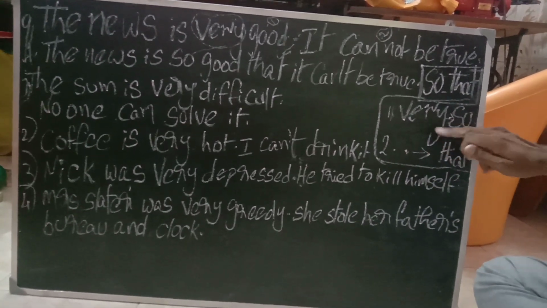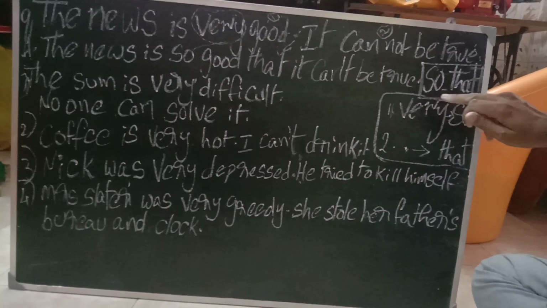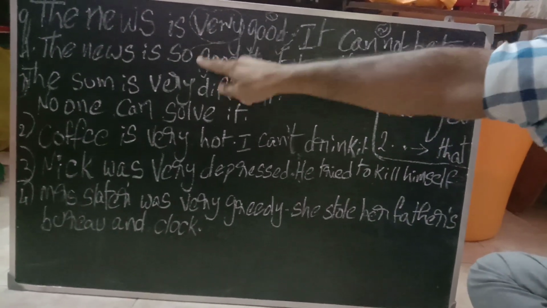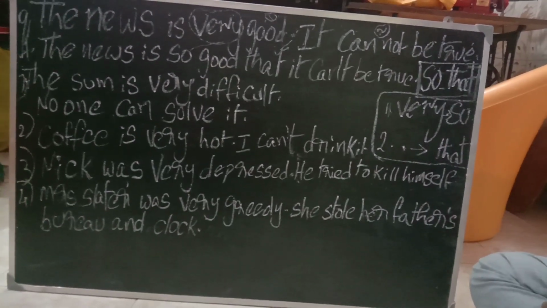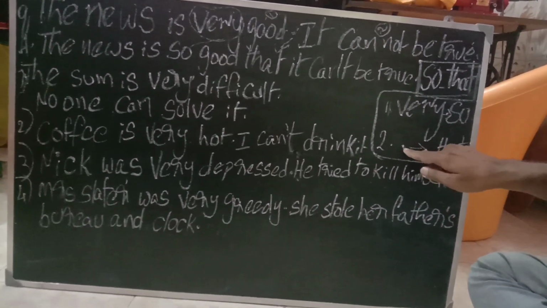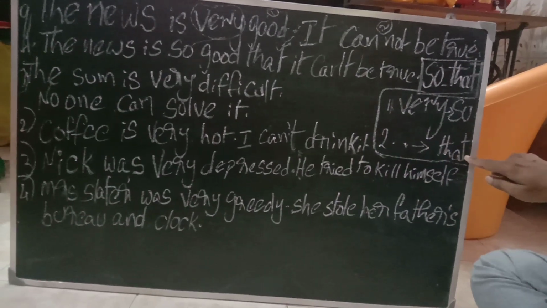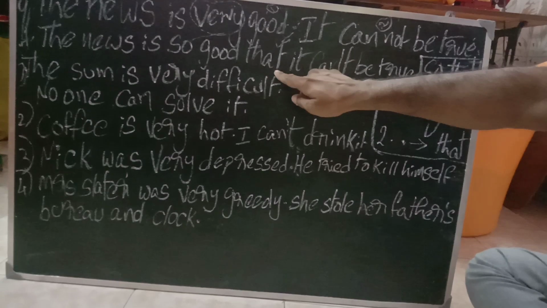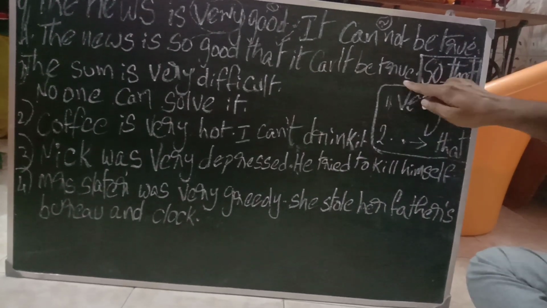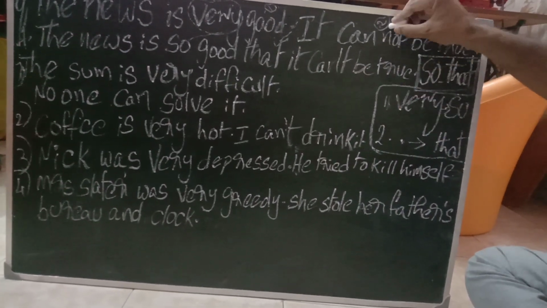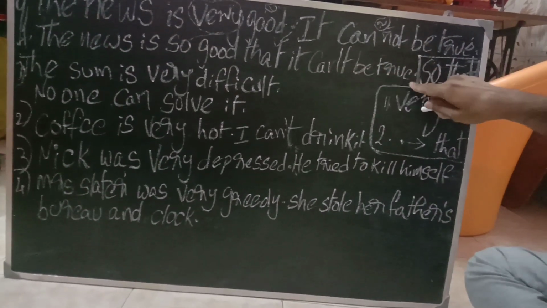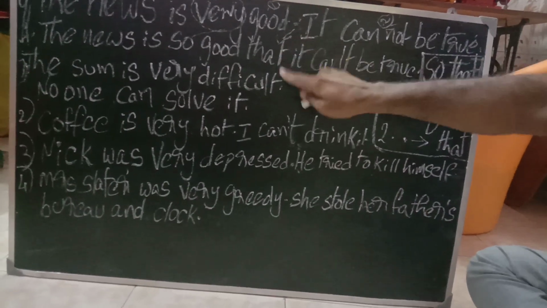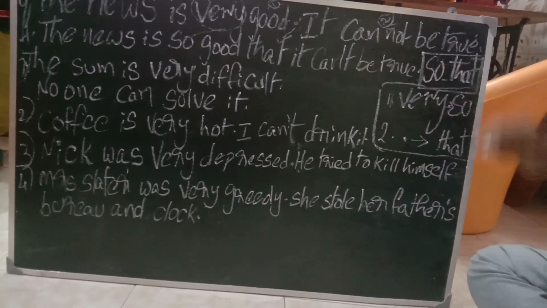First, remove "very" and write "so" in its place. Second, in place of the full stop we have to write "that" and write the remaining second sentence as usual. So the final answer is: The news is so good that it cannot be true.